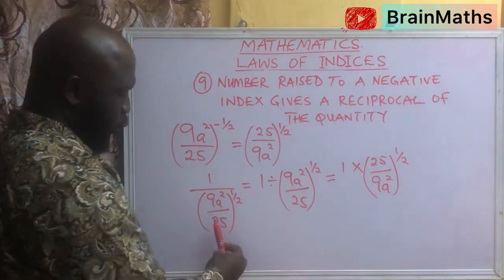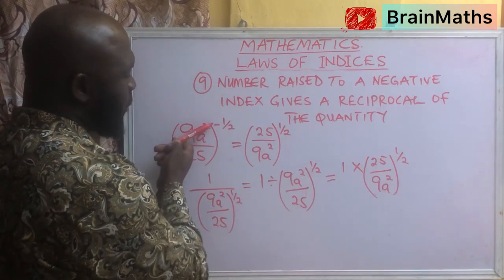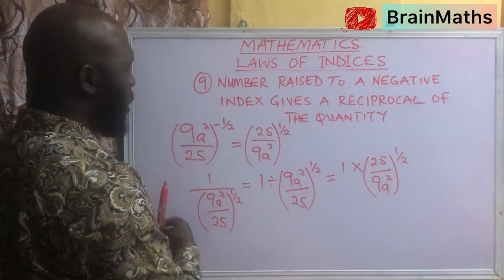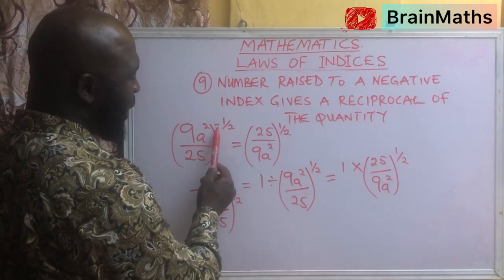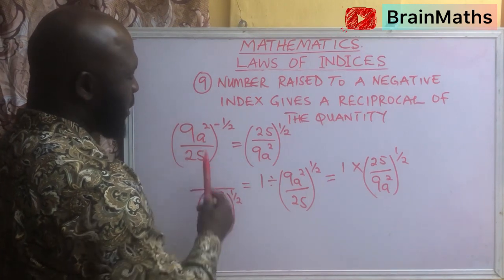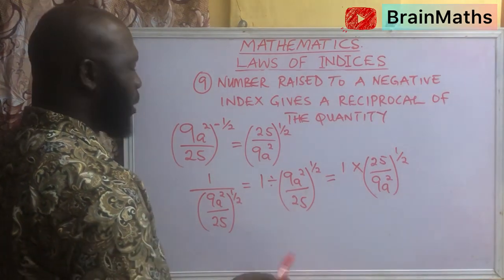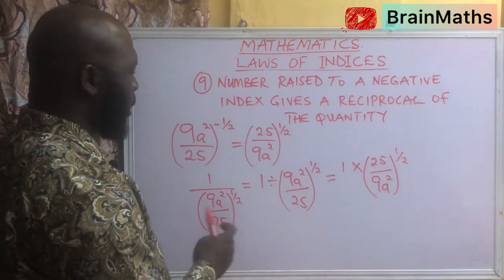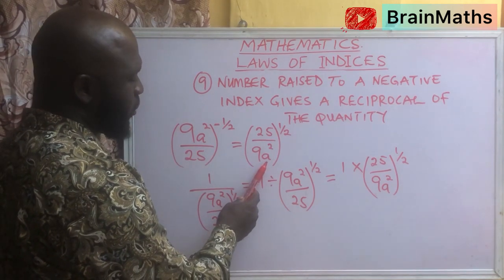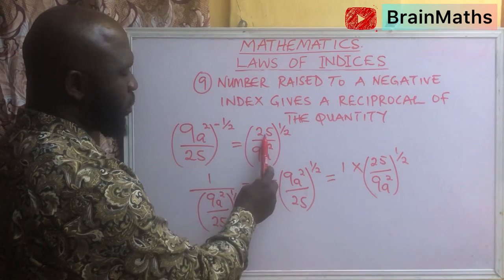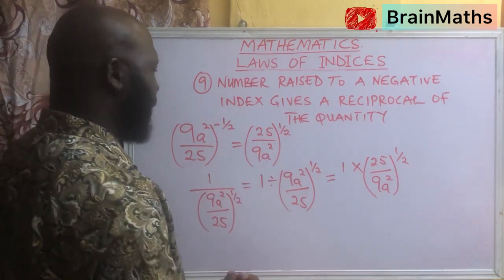So instead of going through this long process, the law of indices says whenever you have a negative in the power of any number, remove the negative by swapping the numerator and the denominator into each other's positions, saying 9a squared becomes the denominator and 25 becomes the numerator, and then eliminating the negative part of it.